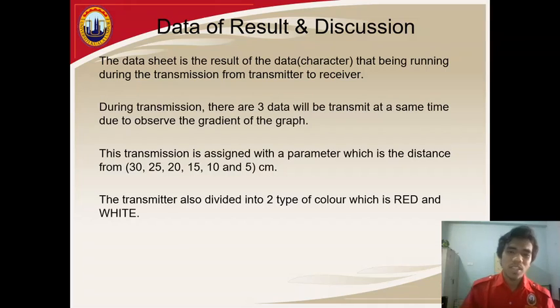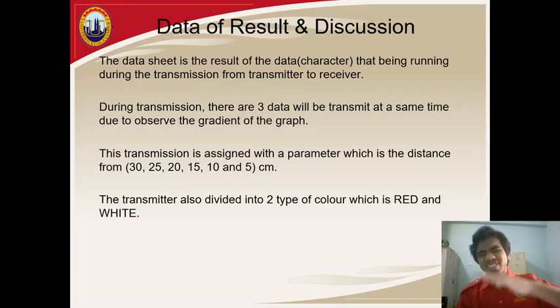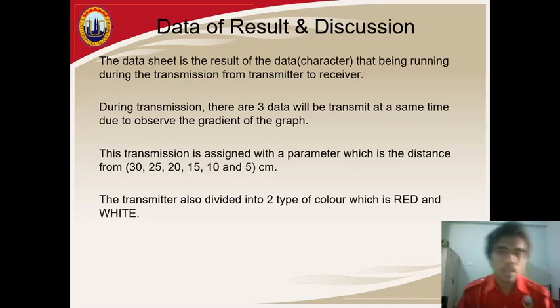And then during transmission, three data will be transmitted at the same time in order to observe the gradient of the graph. So what I want to find out is, what if we send three data or three characters at the same time, to observe the gradient of the graph. Will it be slightly ramping, or maybe just slightly increasing, or maybe we can see it really as a straight line.